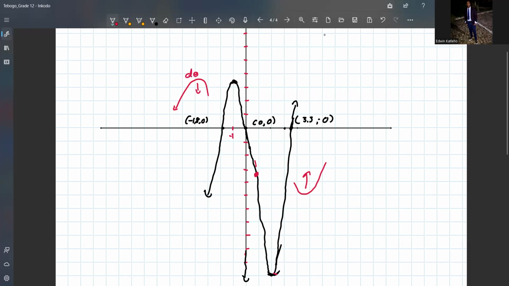So this is concave down, and this is going to be concave up. Right. I hope this is clearer in terms of concavity, and then we will look into how to determine this concavity. When does it make a concave up or when does it make a concave down?